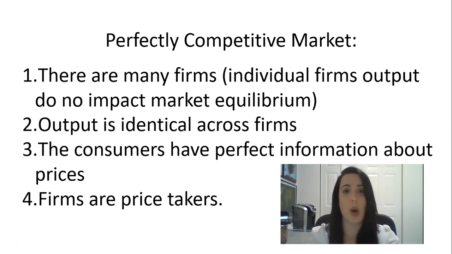So they have no ability to influence the price the market is going to pay for the products. So they have to take the price the market offers them based on the laws of supply and demand. And also all these firms are strictly motivated by profit.